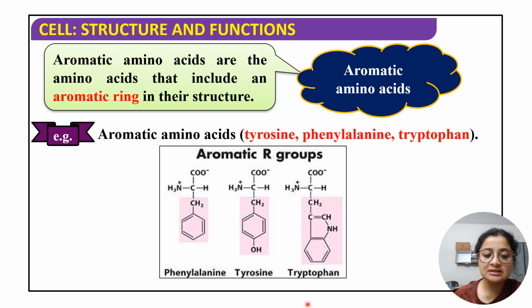And as you can see in the figure also, they are having different rings, okay. So each of the amino acids is having a type of aromatic ring and hence they are known as aromatic amino acids, okay. So tyrosine, tryptophan and phenylalanine, these are the names that you have to remember. I will just highlight it for you so it becomes easier for you to remember, okay.